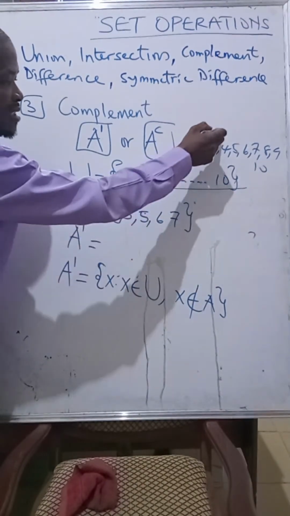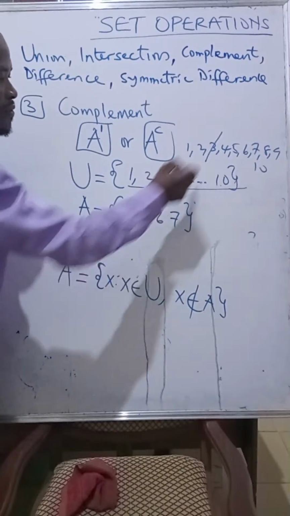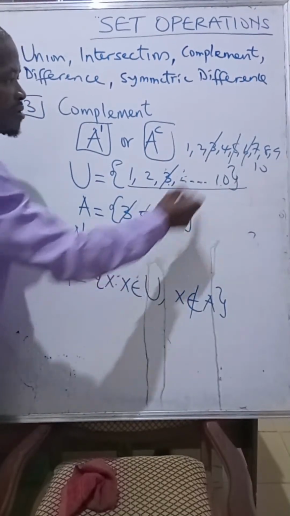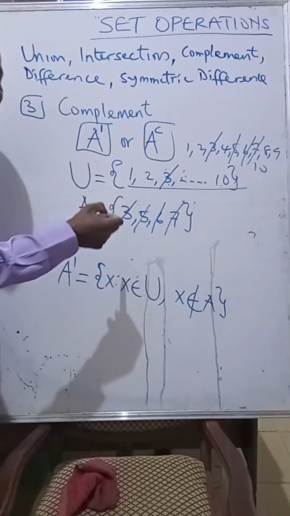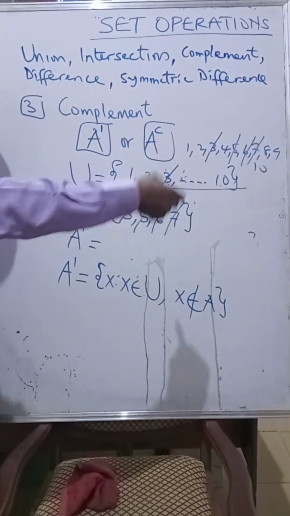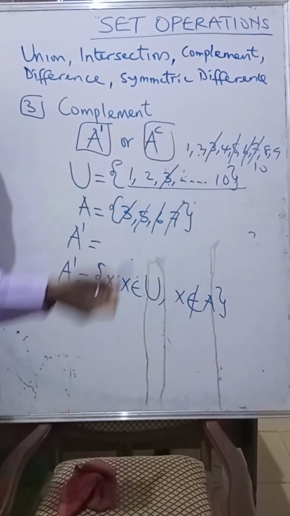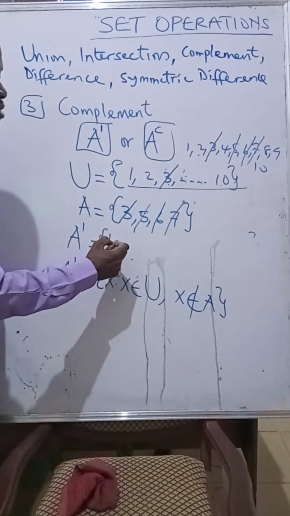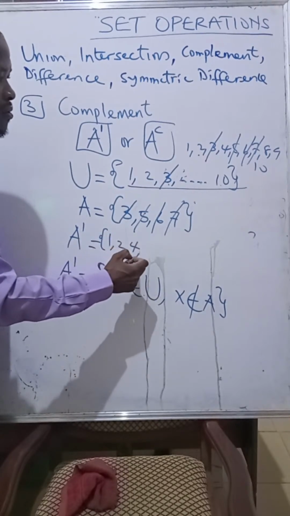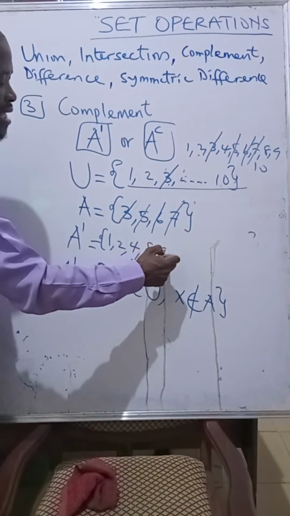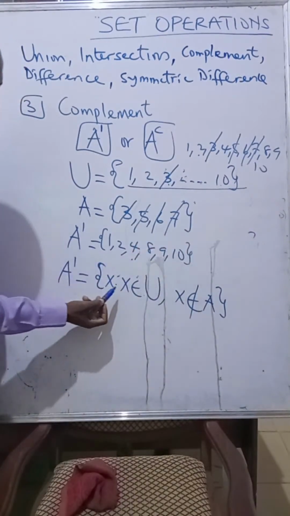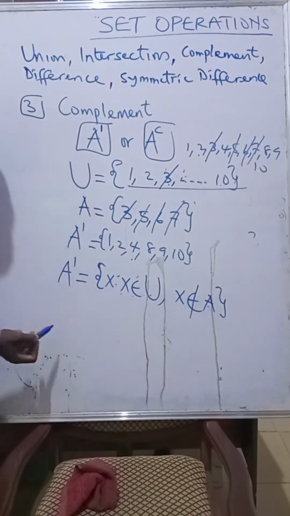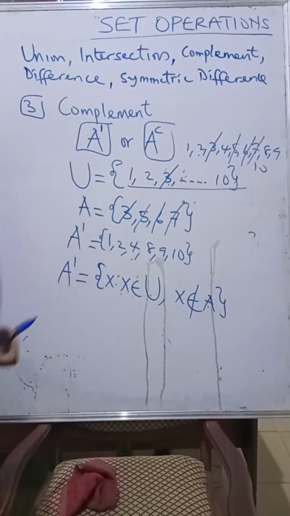So 3, remove it from the universal set. 5, remove it from here. 6, remove it from here. 7, remove it from here. So the remaining elements in the universal set are called the complement. And that will be 1, 2, 4, 8, 9, 10. That's why we say that x belongs to the universal set, but it does not belong to A. So that's that on the complements.